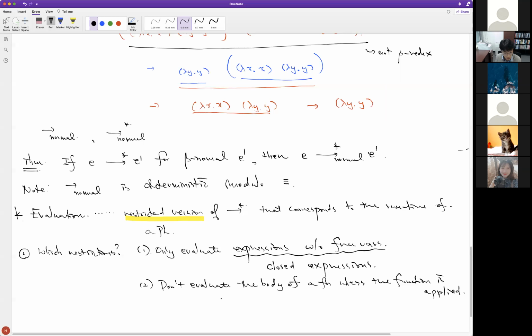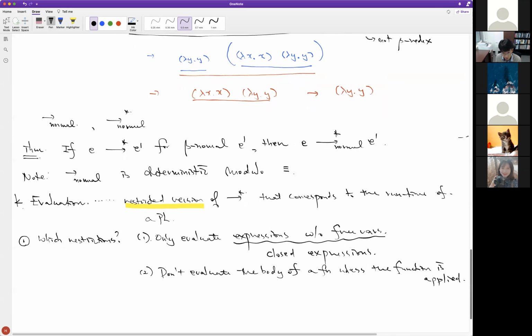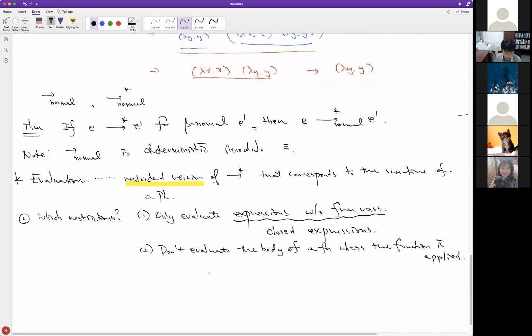If I use a lambda expression to explain what's going on here, suppose I write a function like this: lambda x dot lambda y dot y applied to x. This lambda x means that I'm defining a procedure, an anonymous function as in Python or Java, and inside the body I define another lambda expression and apply it to x.